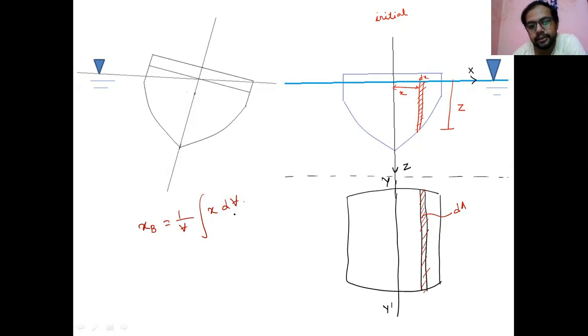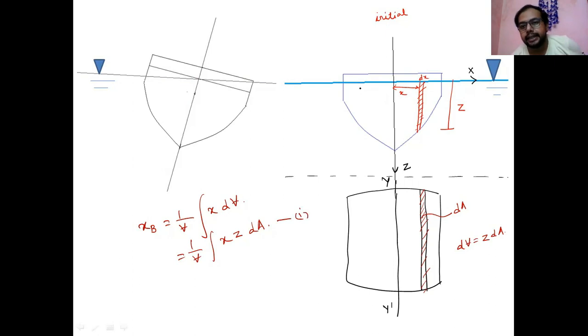What is dV? dV is dA into Z, that is, dV is equal to Z into dA. That is equation 1.